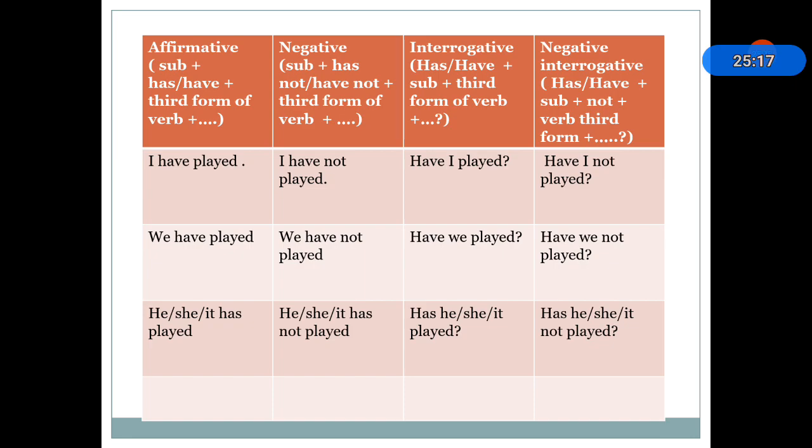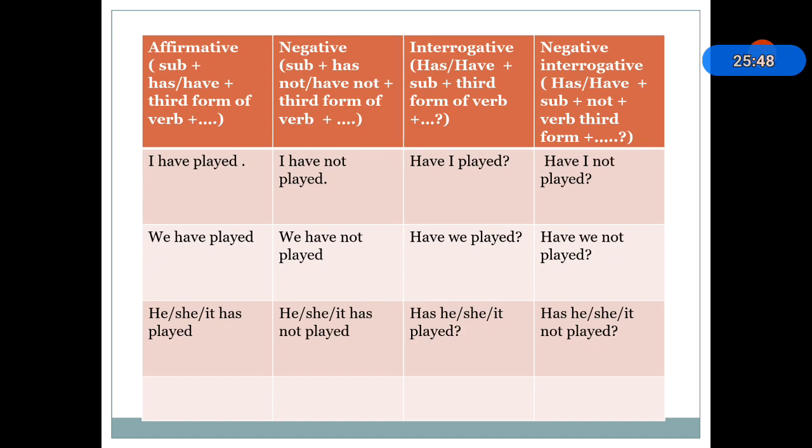Now, interrogative, that is the question sentences. The rule for this is has or have plus subject plus third form of verb plus object. Example, have I played? Have we played? Has he played? Has she played? Or has it played?